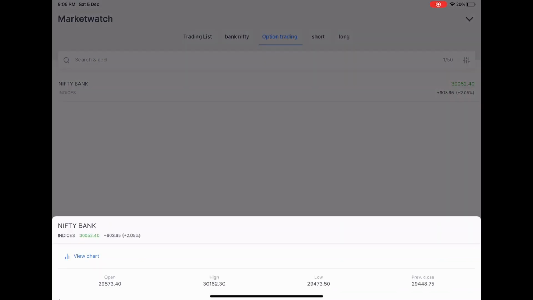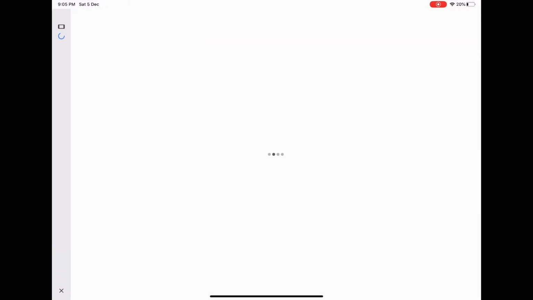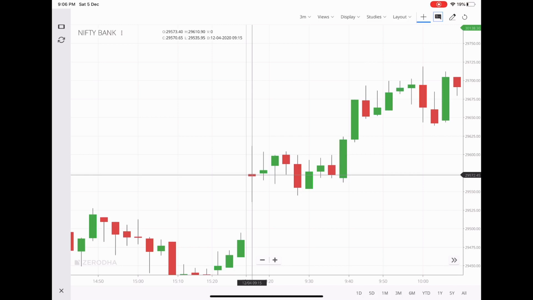Let's open the Bank Nifty chart. Check the range of the first candle. The high of the first candle is 29,610.90 and the low of the first candle is 29,535.95.